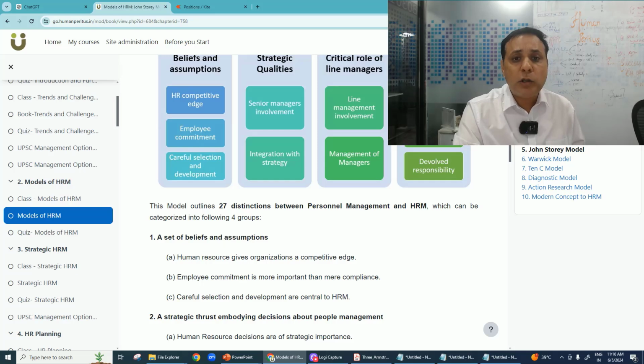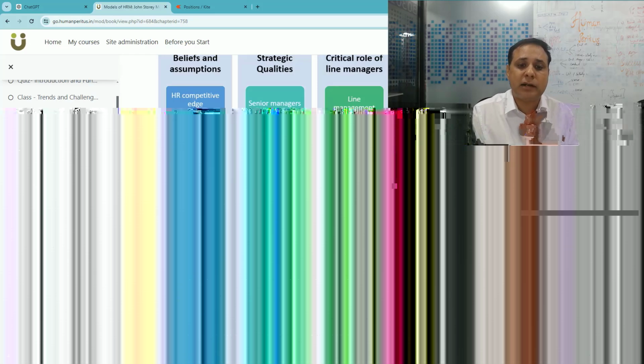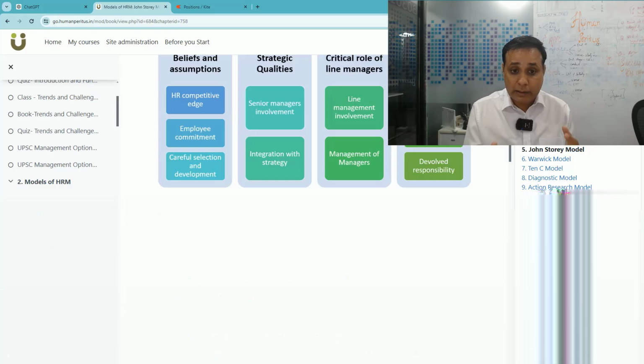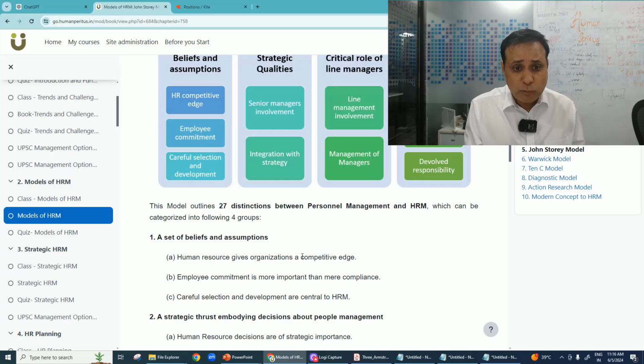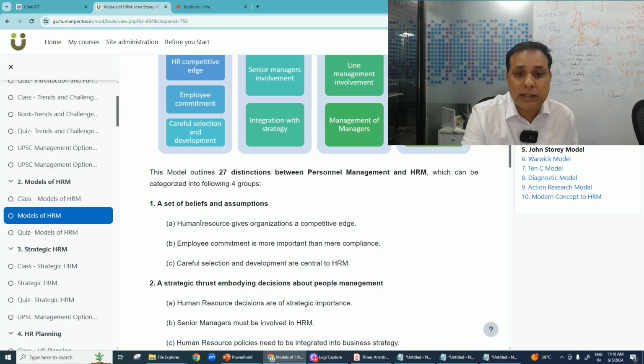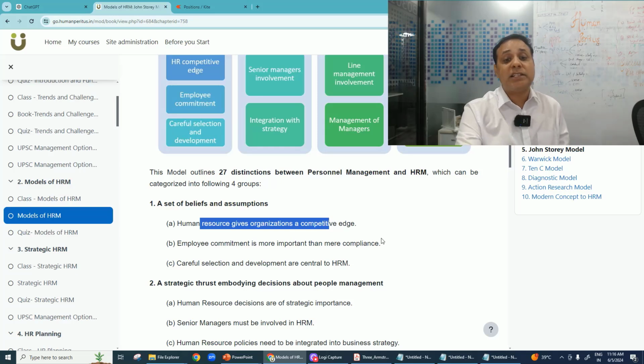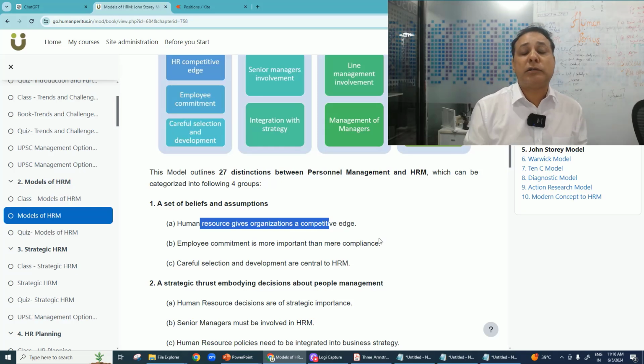What do you think about the human resources department or the human resources manager in a firm? Basically, what is your understanding, your orientation, your outlook towards HR in any organization, whether HR is giving the organization a competitive edge, or whether HR is just for support only.